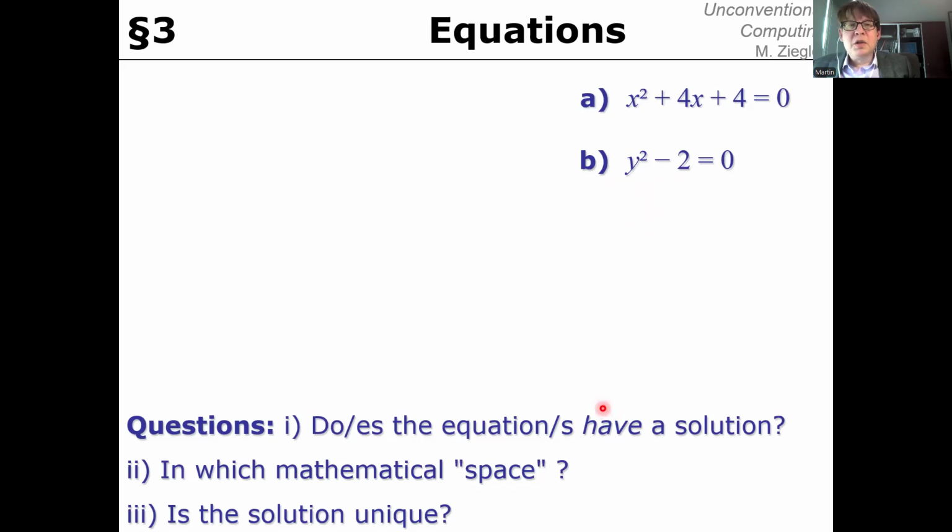So it's important to say which space we're looking for a solution in. And if we require that the solution is positive, then that rules out minus the square root of 2, and the solution becomes unique. This is called a boundary condition or additional condition. Okay, let's now consider another equation, y squared plus 1 equals 0. Does this equation have a solution?